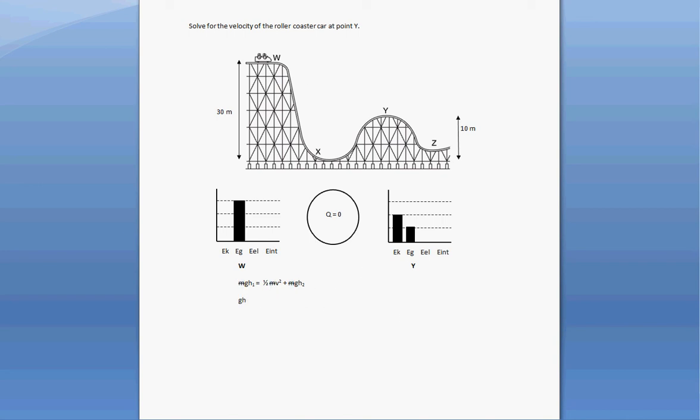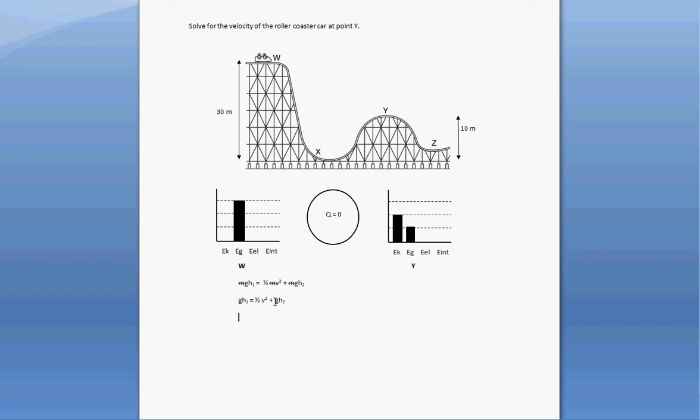So gh1 is equal to 1/2 v squared plus gh2. Alright. Next thing we're going to do is we're just keep working on this and trying to get the velocity by itself.